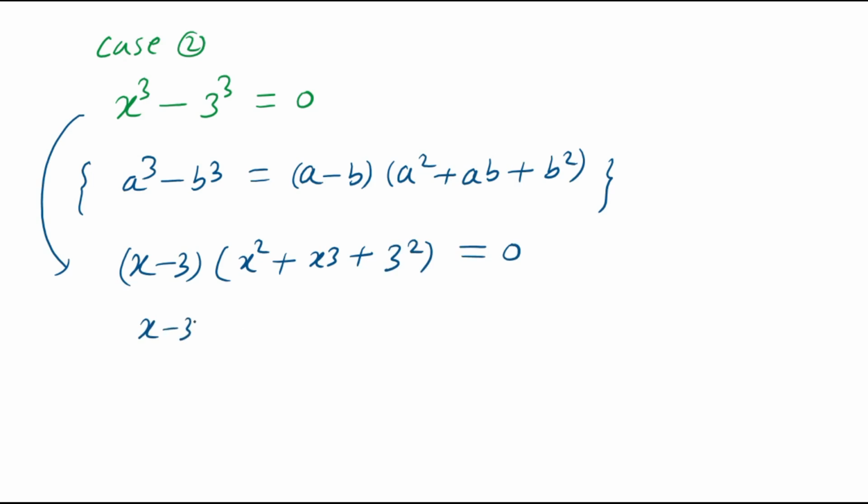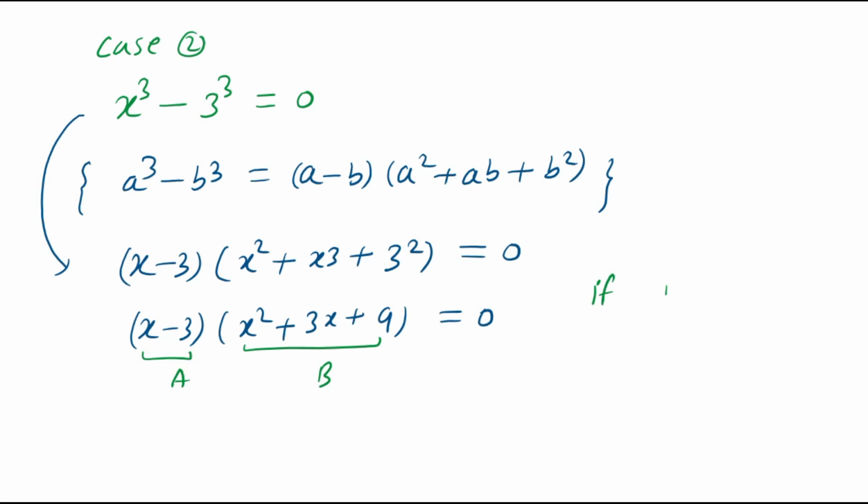Here x minus 3 is multiplied by x square plus x times 3, which is 3x, plus 3 square, which is 9, and this is equal to 0. Suppose this expression is a and this expression is b. If a times b is equal to 0, this implies a is equal to 0 or b is equal to 0.